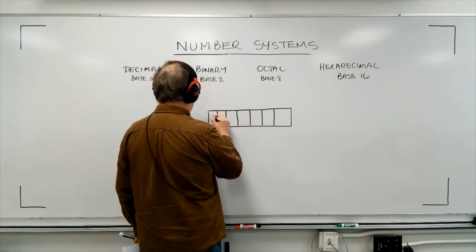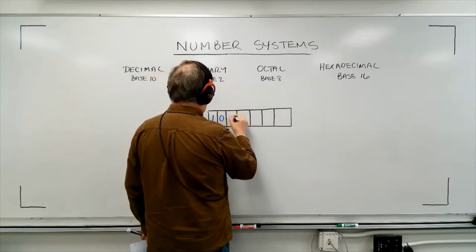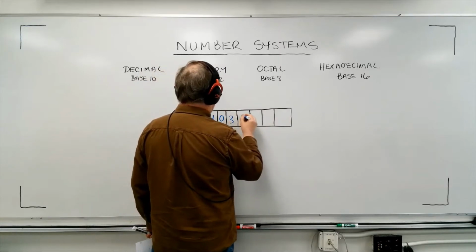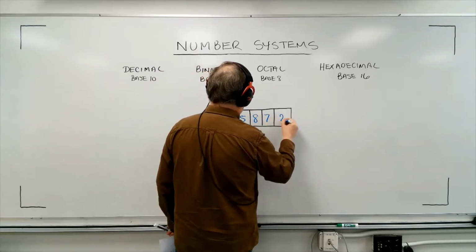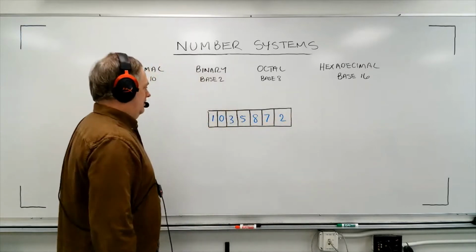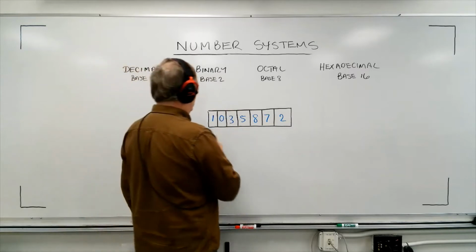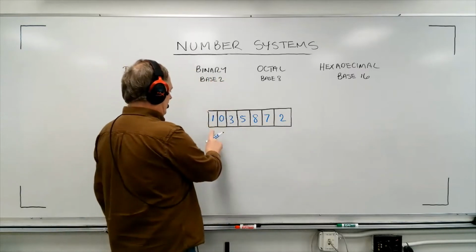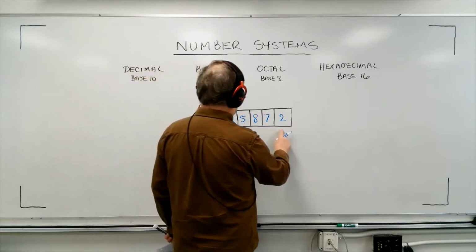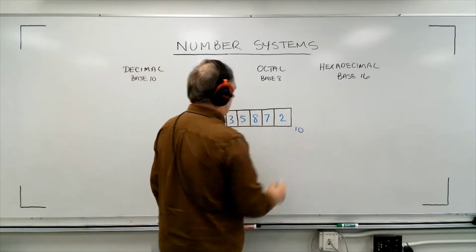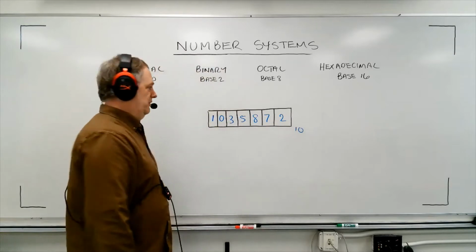So if I said this is 1, 0, 3, 5, 8, 7, 2, most would look at that number and say, oh, that's 1,035,872. And you'd be right if that was a base 10 number, okay?